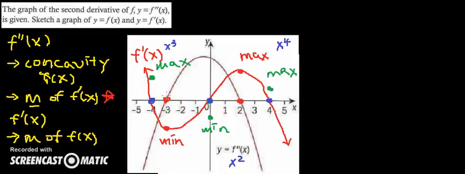So we need to keep in mind two things: the concavity and the increasing, decreasing. So from this max to this min, it is always going to decrease, but from this point here until -3, it is concave down. So maybe something like that.